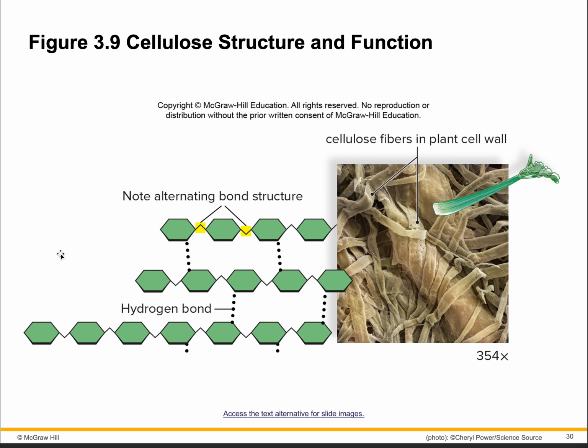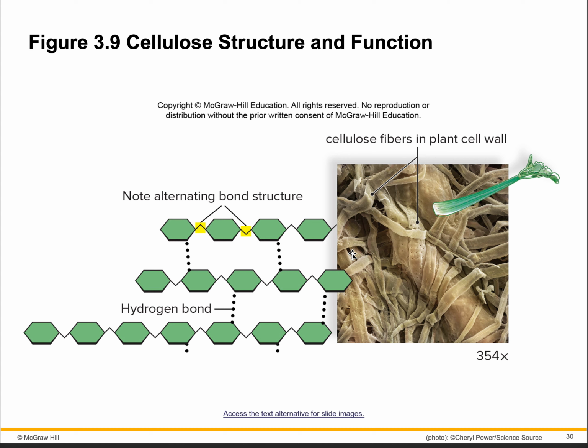One that they really want me to emphasize, and it will be on your exam, is a polysaccharide known as cellulose. And cellulose is found in the plant cell wall. It's extremely fibery, and so that's why plants are very strong. If you've ever broken celery in half, you're still going to see all of the fibers.